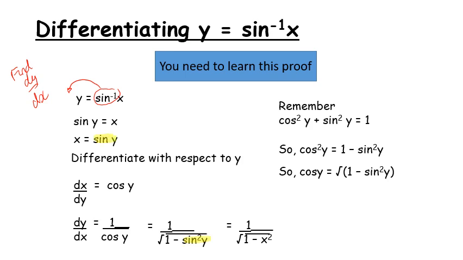Sine y was x, so sine squared y must be x squared. So I've got a final answer of 1 over root 1 minus x squared. And this is the answer that's in the formula booklet. It tells you in the formula booklet that when you differentiate inverse sine of x, you get 1 over root 1 minus x squared.